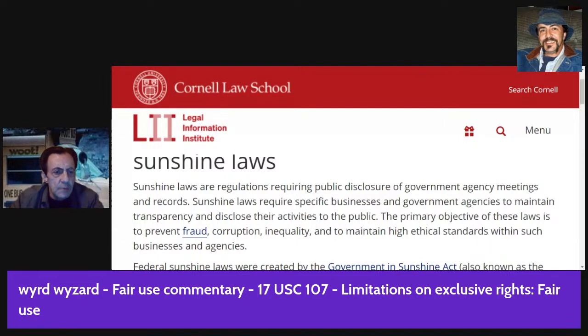Which agencies are subject to the Sunshine Act? The Act applies only to federal agencies headed by collegial bodies, boards, councils, and commissions.